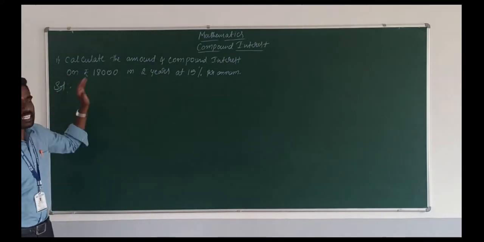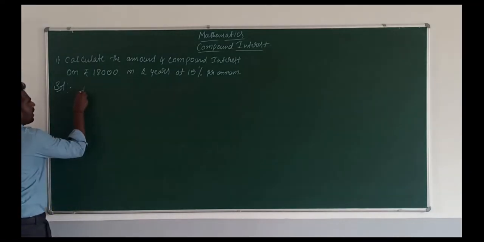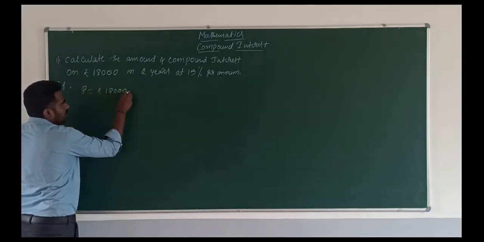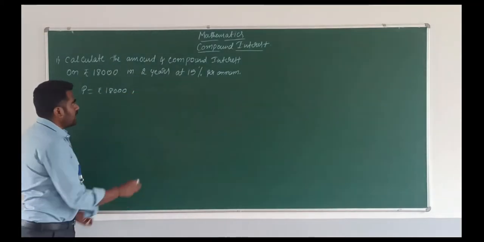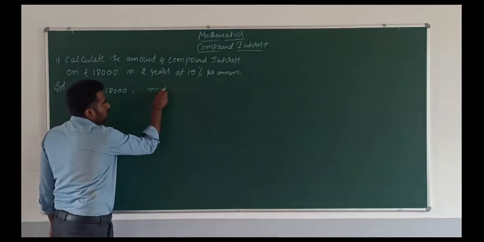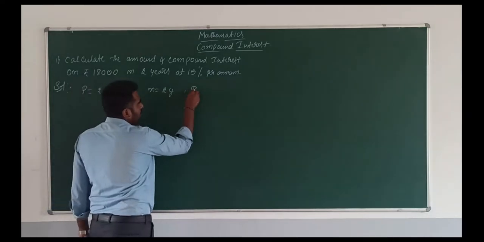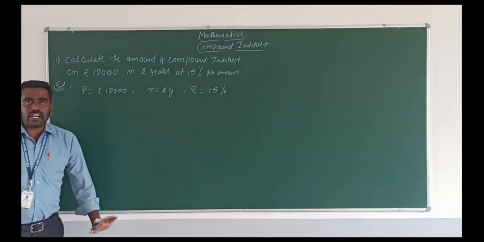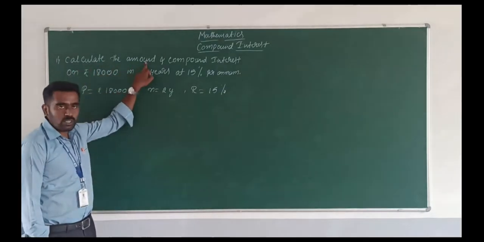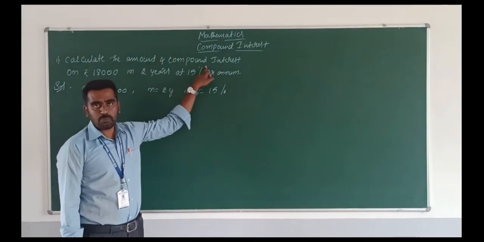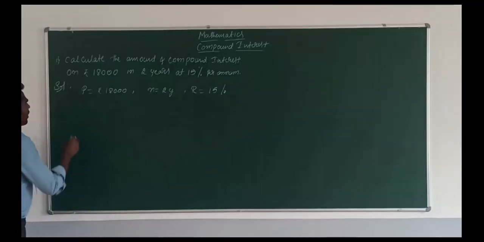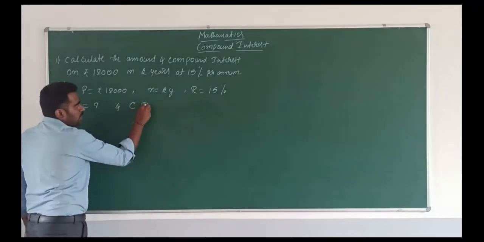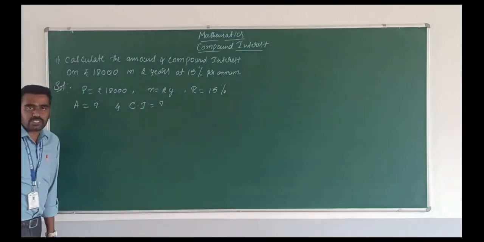Rupees 18,000 is the principal, P is equal to rupees 18,000, and in 2 years means n is equal to 2 years, and the rate of interest is equal to 15%. So what we have to find? First we have to find the amount and then afterwards the compound interest. Both we have to find.